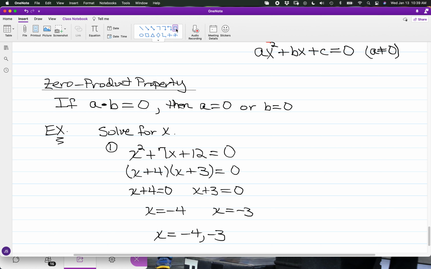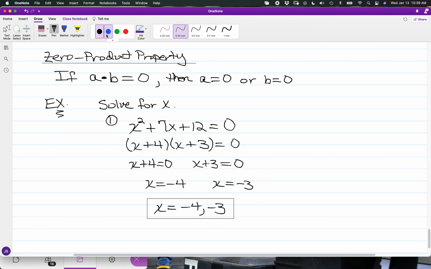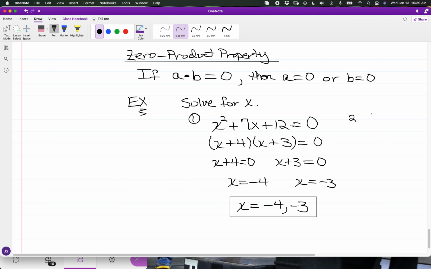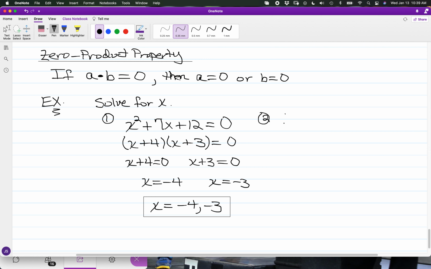Now, let's say we have an equation that is not quite in standard form.